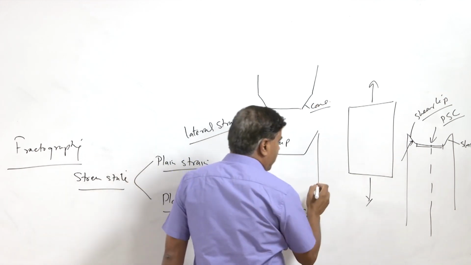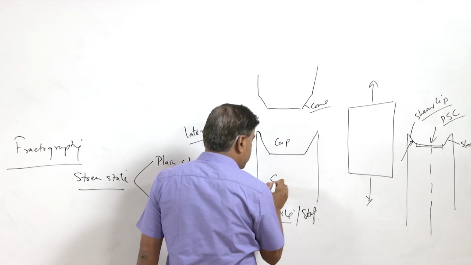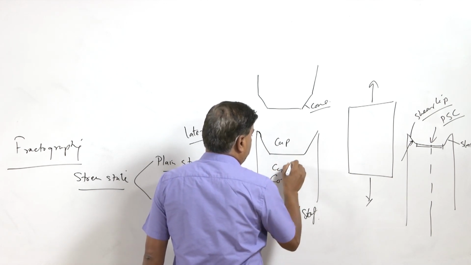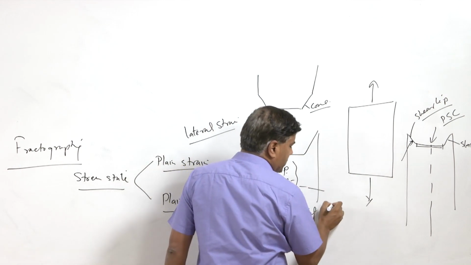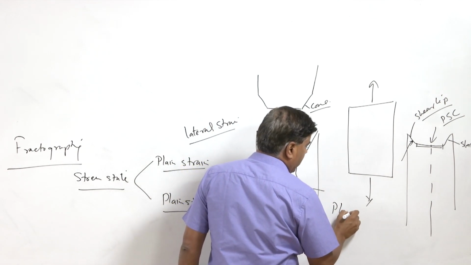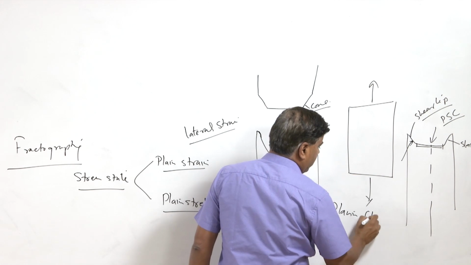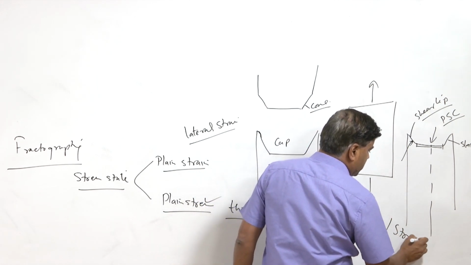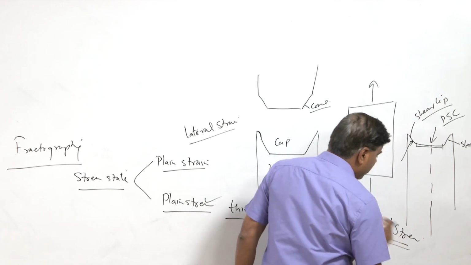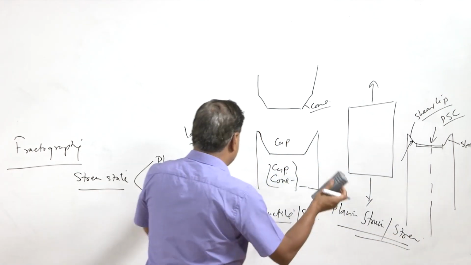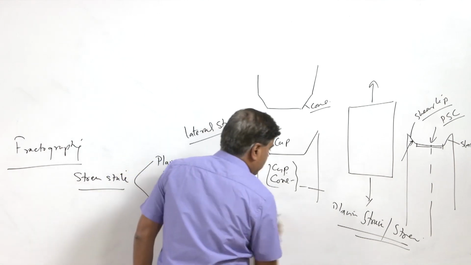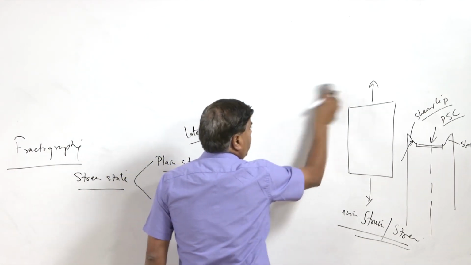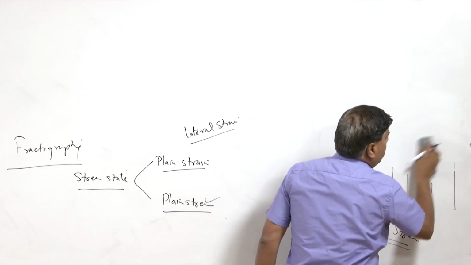That is why this type of fracture is called cup and cone fracture, which is basically a mix of plane strain at the core and plane stress conditions at the surface.